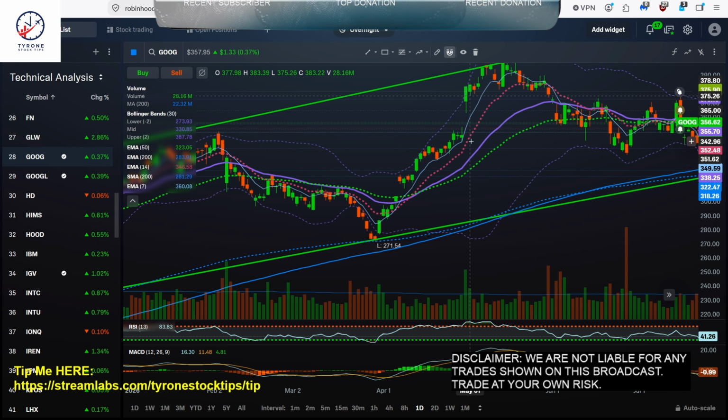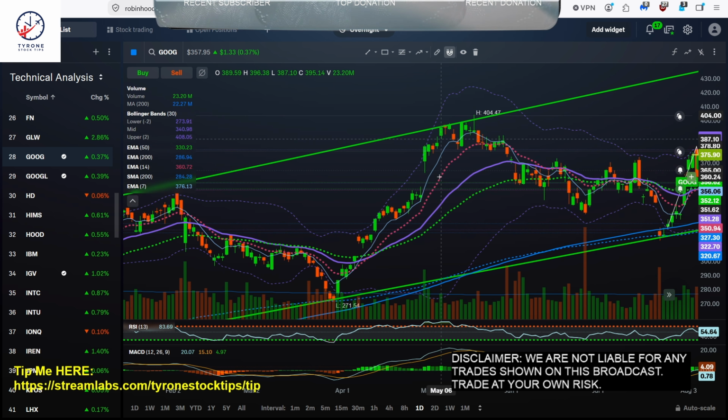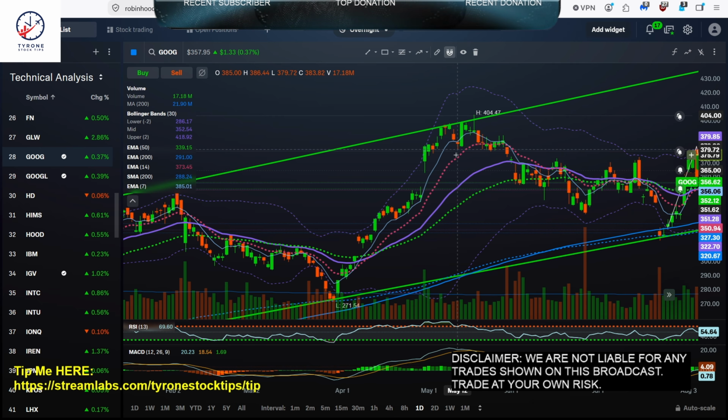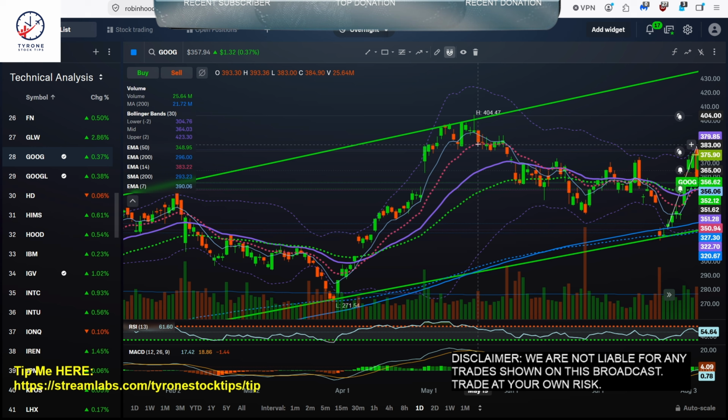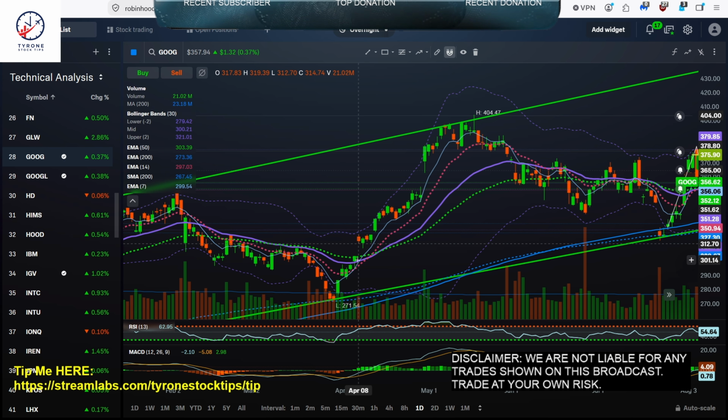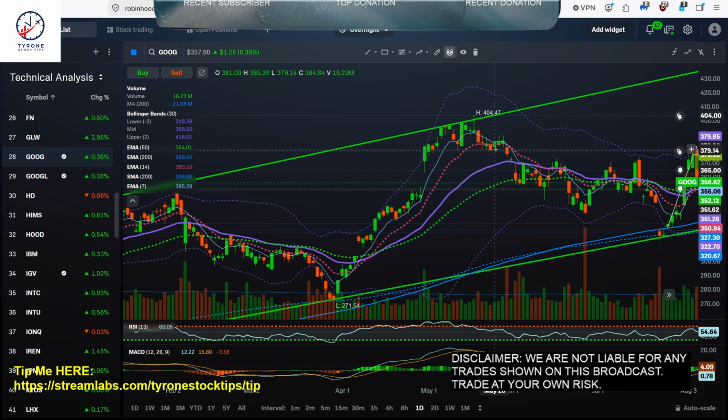Some people will enter here and hold all the way until they have a take profit zone, or they'll wait until the candles cross below this, or they may even use an EMA like this, and exit whenever we have a candle close below this EMA.